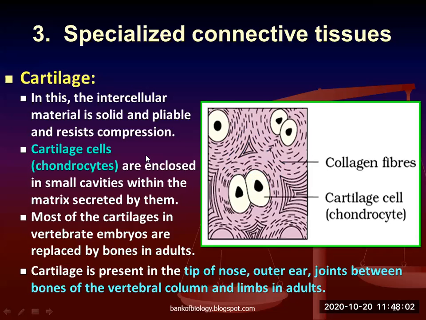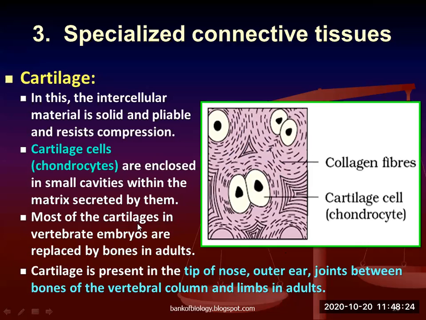Most of the cartilages in vertebrate embryos are replaced by bones. Our endoskeleton during embryonic stages is cartilage, but in adults we have bone. Cartilage is present in the tip of nose, outer ear, and joints between the bones of the vertebral column and the limbs in adults.